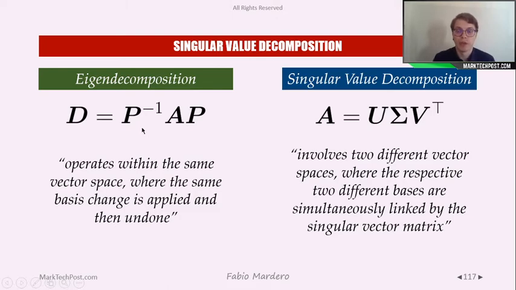In the singular value decomposition, the transformation can map one vector space to another, and these two can be not equal. So the singular value decomposition involves two different bases, and these two are simultaneously linked together by the singular value matrix sigma.